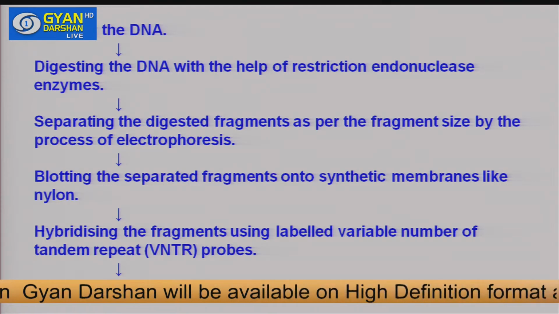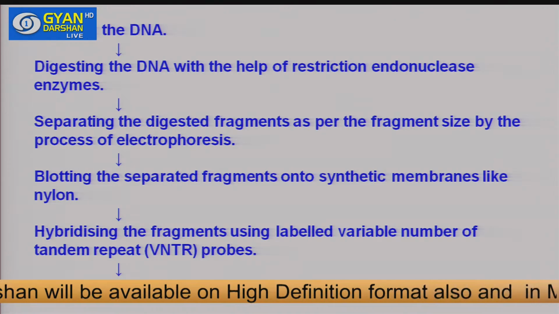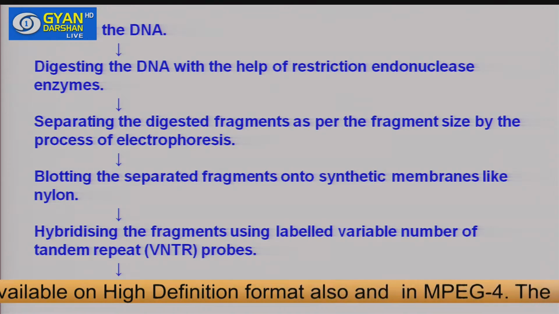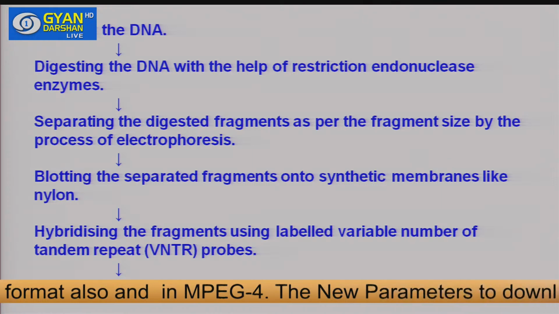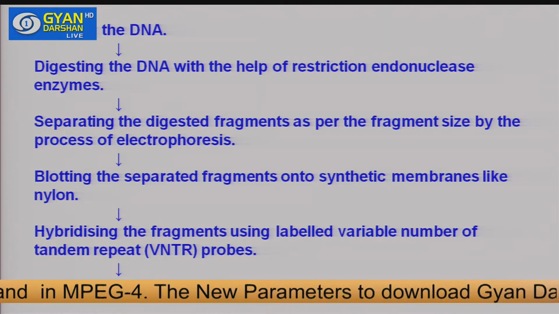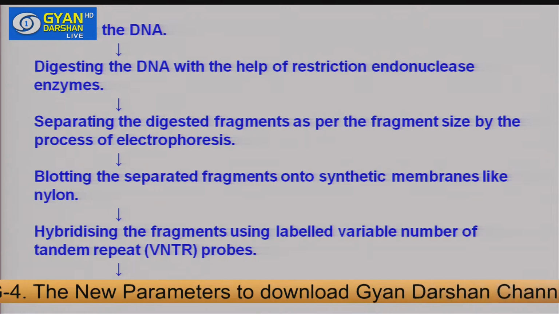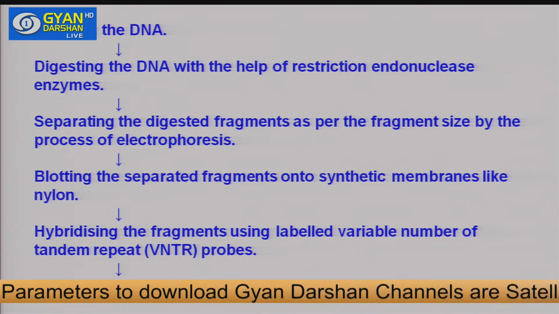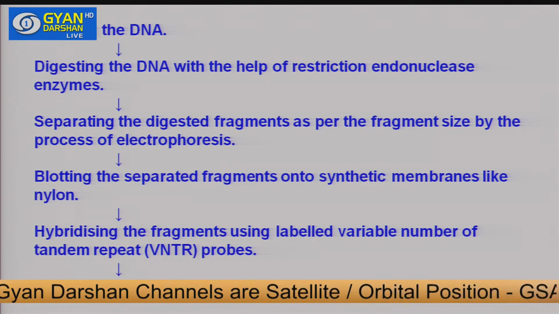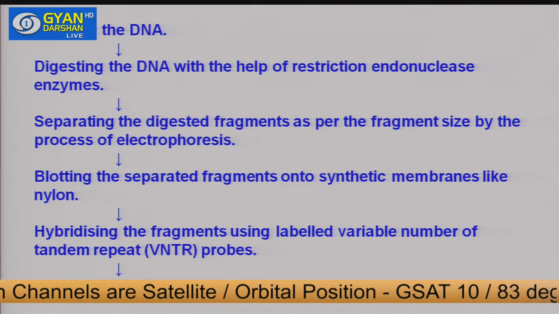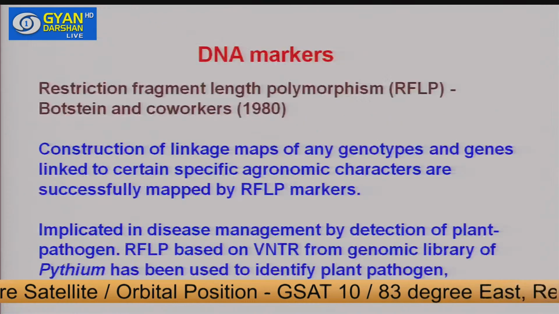These are called VNTR, that is variable number of tandem repeats. You use these VNTR probes for binding, and then you develop the blot through autoradiography, and go for the analysis of the hybrid fragments. So you see it has similarity with Southern blotting. The only difference is the choice of the probe.